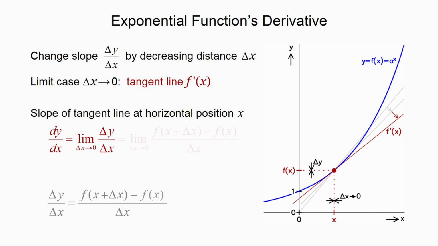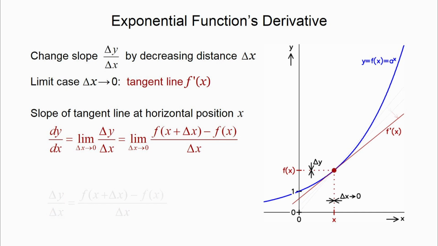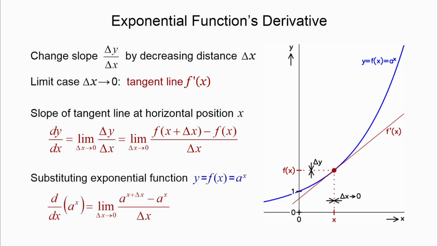Thus, the derivative equals the limit value of the difference between the function values f of x plus delta x and f of x over the horizontal distance delta x for delta x approaching 0. By substituting the function's equation f of x equals a to the x into this generic expression, the derivative of a to the x is found.